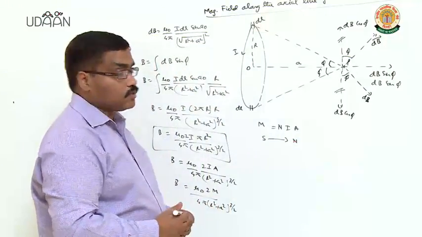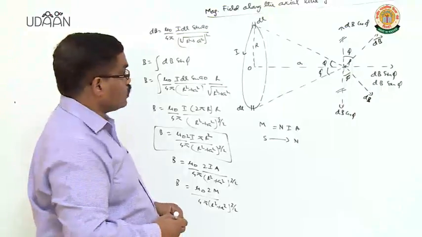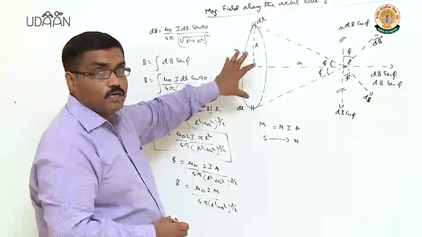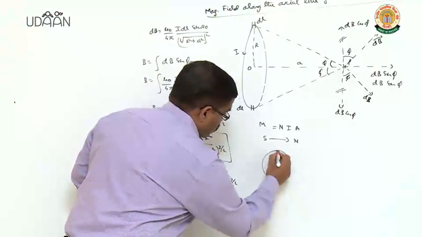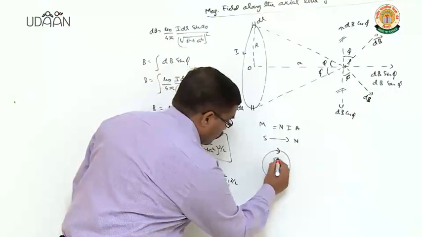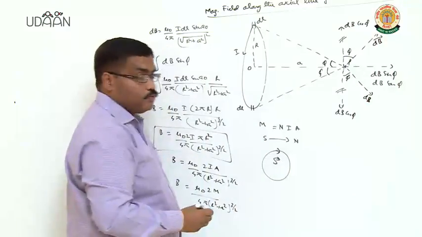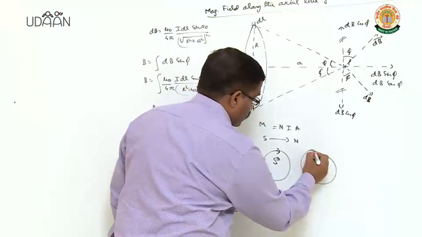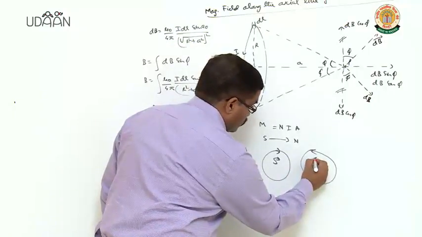How do we check which side is the south pole and which is the north pole? Just look at the way the current is flowing. If the current is flowing in the clockwise direction, then that end will behave as a south pole. And if the current is flowing in the anti-clockwise direction, then that end will behave as a north pole.